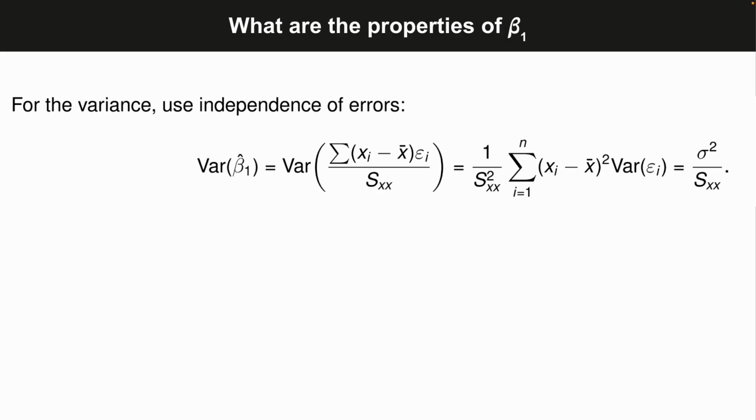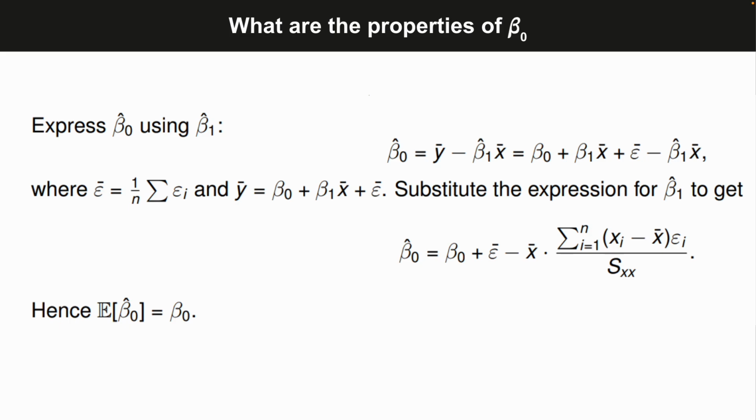Okay. So we'll not do it, of course, for beta naught. You can do a similar kind of calculation. It's a bit more work, but the central point there is also that the expectation of beta naught hat is also beta naught, which means that the least square parameter estimate of beta 0 is also unbiased.